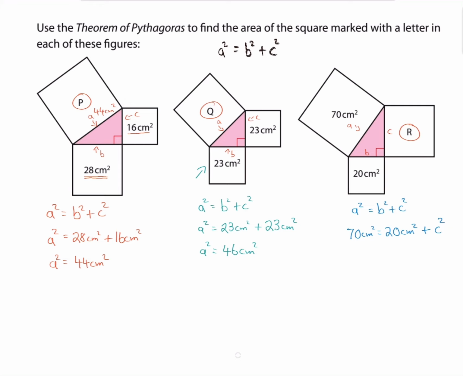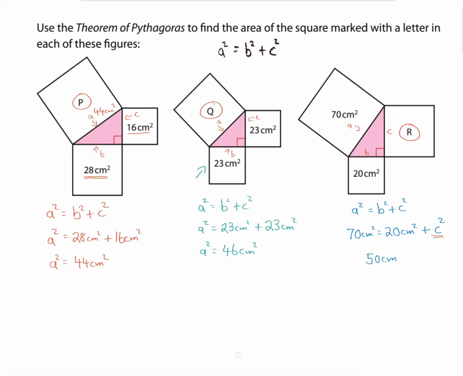But we can look at this and we can see, okay, what number added to 20 centimeters squared would give me 70 centimeters squared? So it would be 50 centimeters squared, wouldn't it?